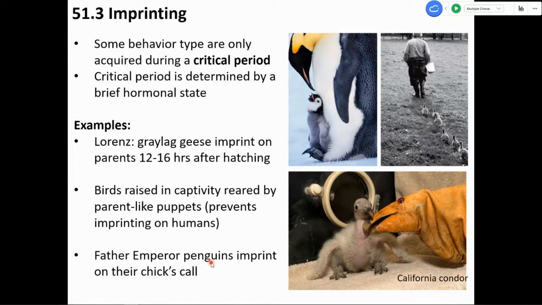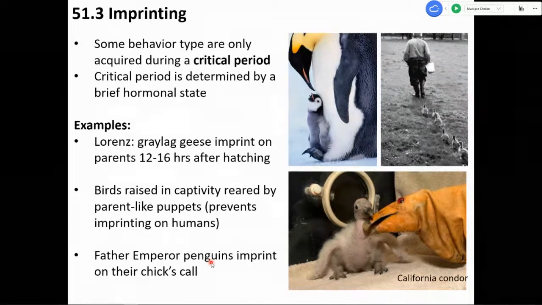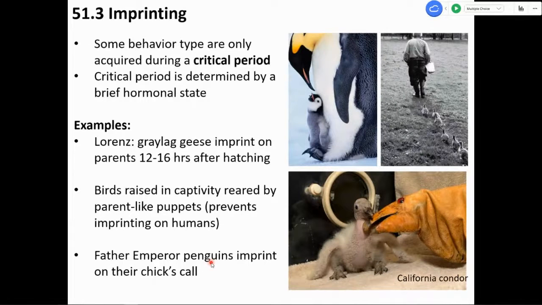In one of the stages of this, the father comes back and the mother has already gone. So he needs to be able to recognize his own individual chick in this mass of birds that are there. The father imprints upon the chick's call, and that's how they find the individual chicks again to feed them.